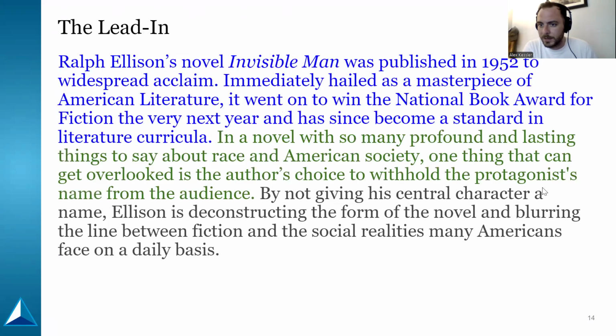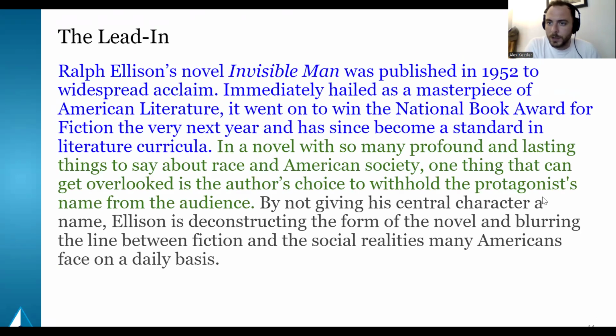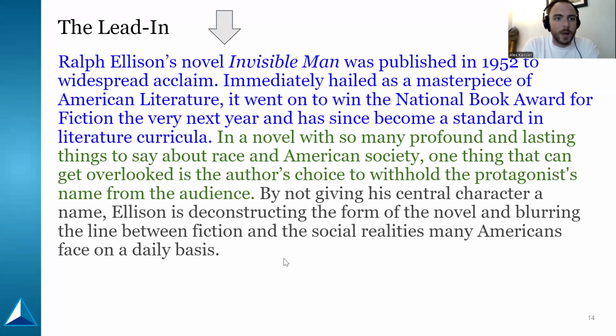Taking Ralph Ellison's Invisible Man as an example, but we are just looking at the formula here rather than worrying about the book itself, we can see all these elements at work. So first we have the lead-in here. Ralph Ellison's novel Invisible Man was published in 1952 to widespread acclaim.